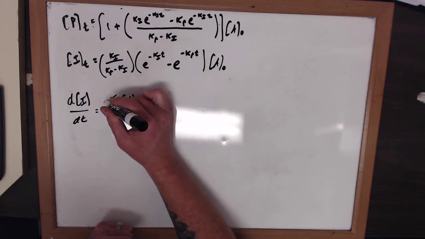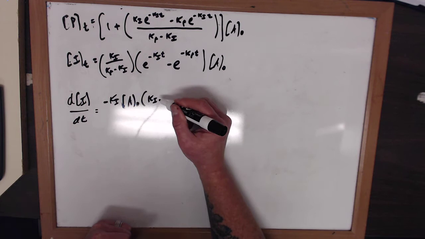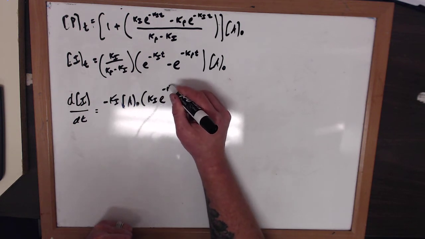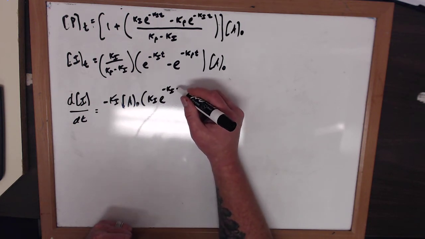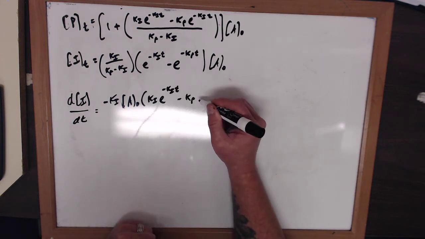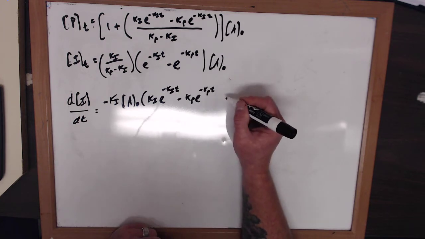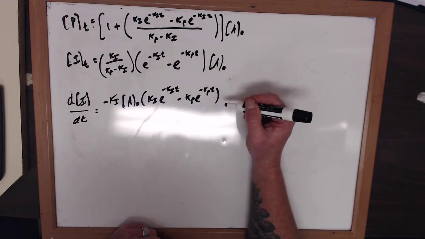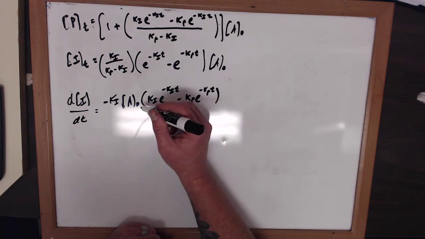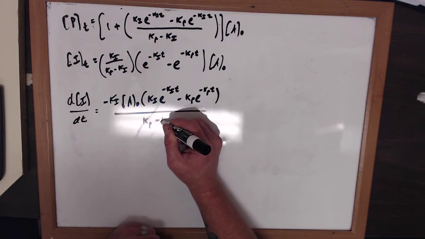So that it goes as minus Ki times A initial times the bracket Ki e to the negative Ki t, and then minus Kp e to the minus Kp t. Okay, so end bracket there. And then all of that is divided by Kp minus Ki.